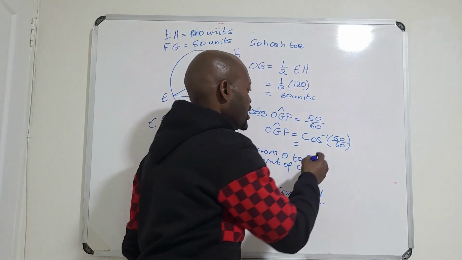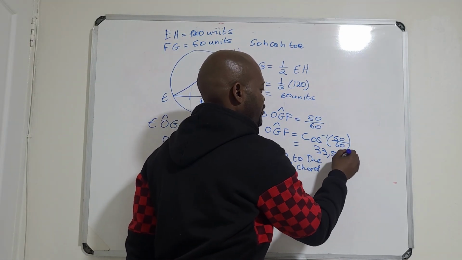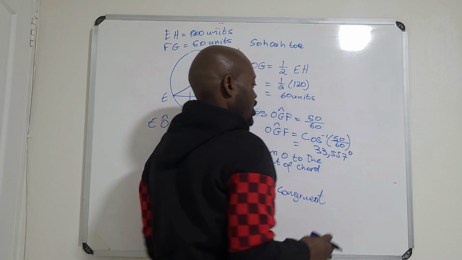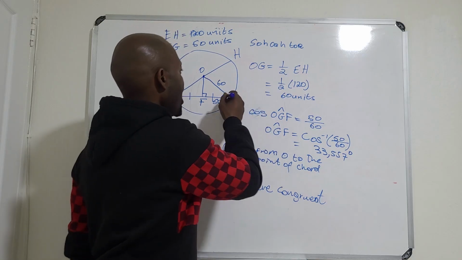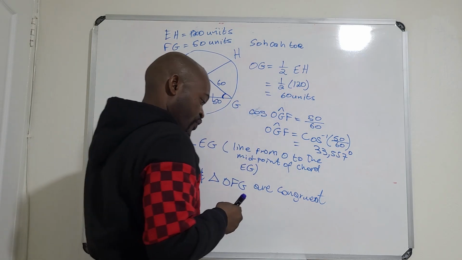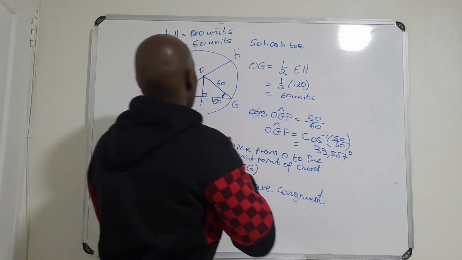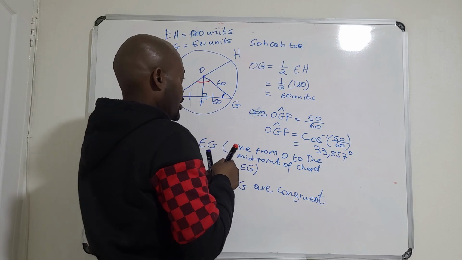Now, the answer is 33.557 degrees to 3 decimal places. Now, we now have this angle there, and we are looking for this angle there. You must not forget that we are looking for this angle there.